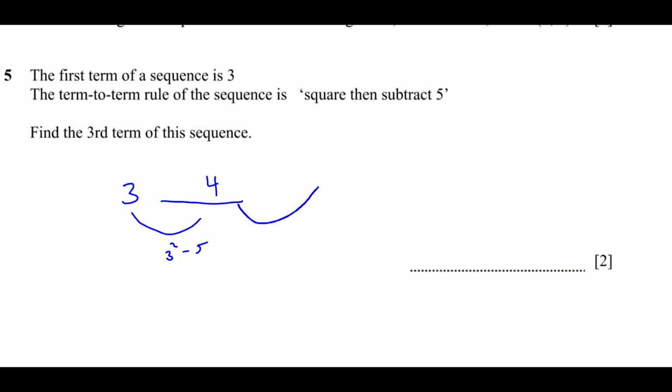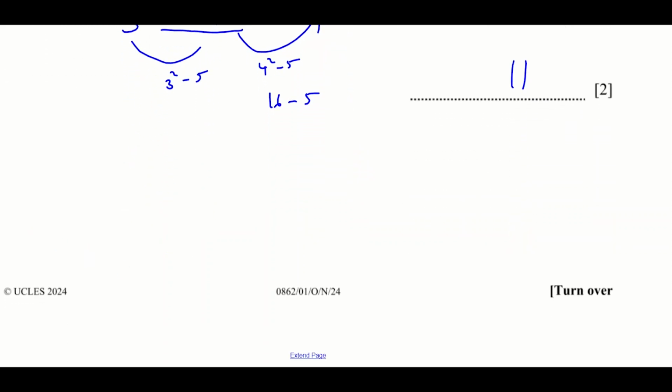Okay, so to get the next one, it will be 4 squared minus 5. Find the third term of this sequence. So we're going to have 4 times 4, that will be 16 minus 5, so that will be 11. So the third term will be 11. So super easy. So that is question 5.